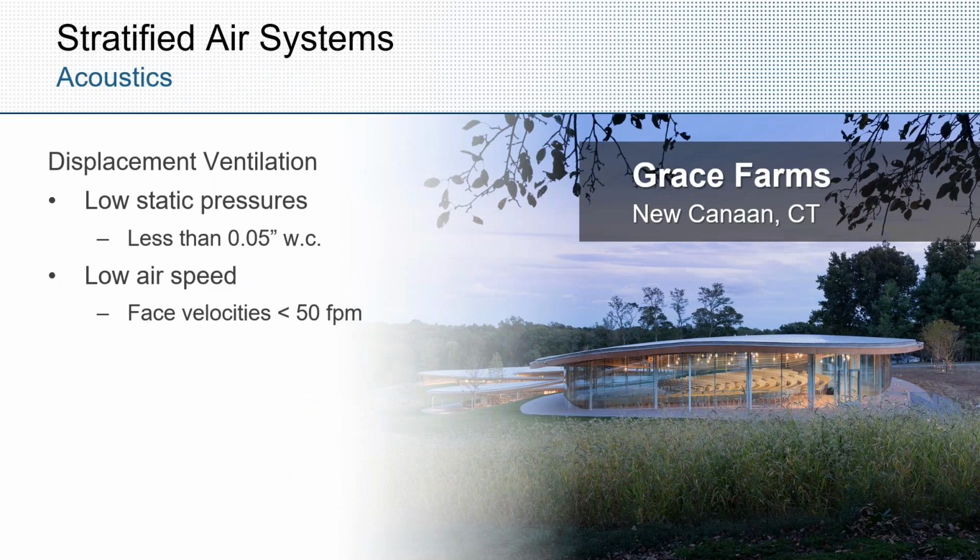Because of the lower static pressures required to push the air into the space and the lower air speeds that are typical, a lot of times we see applications like concert halls or auditoriums, which are very noise-critical spaces. You saw the NC levels that Ryan was sharing earlier, where you're trying to get down to NC 25 or 20 or lower. These are very commonly utilized because of that.